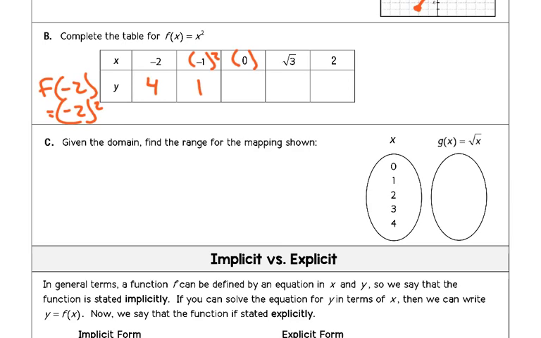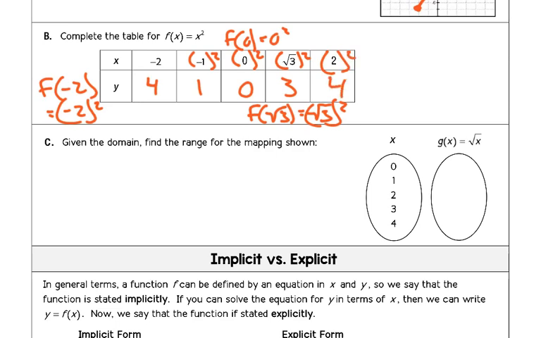Plug in 0, f of 0 is equal to 0 squared, which is 0. What is f of √3? It is equal to the square root of 3 squared, which is just +3. And then same thing for this 2, square it, and I get 4.